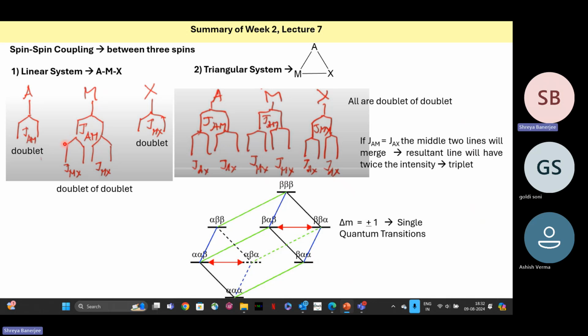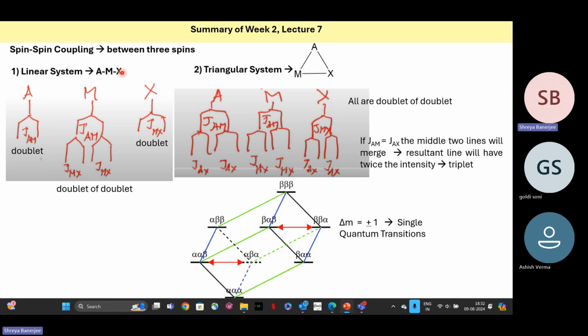Now each line of M will further split into 2 because M is in the middle and it is interacting with X also. So each line of M further splits into 2 lines, and the new splitting constant is JMX because it is due to the interaction of M with X. So earlier when you had 2 lines, we called it a doublet. Now that you have 4 lines, we call it a doublet of doublet.